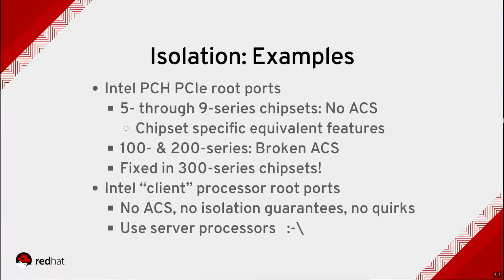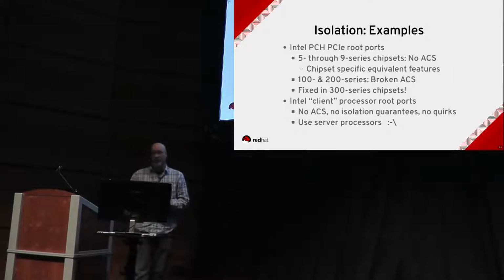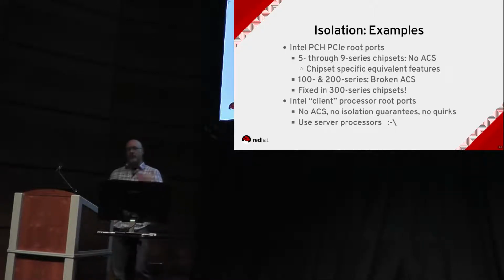So some examples, and let me start out at the root ports, because when you're dealing with ACS grouping, it is the isolation of the device from the endpoint all the way to the IOMMU. So the top level of the PCI Express topology is the most important for having isolation, because if we don't have isolation there, we can't have isolation anywhere downstream.